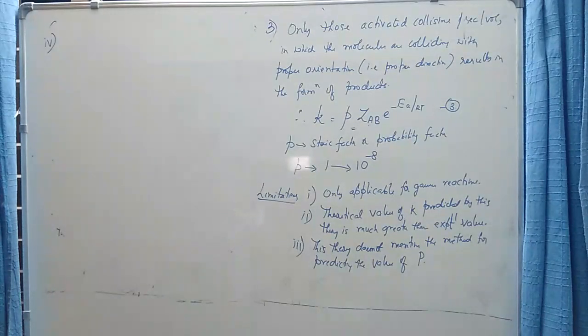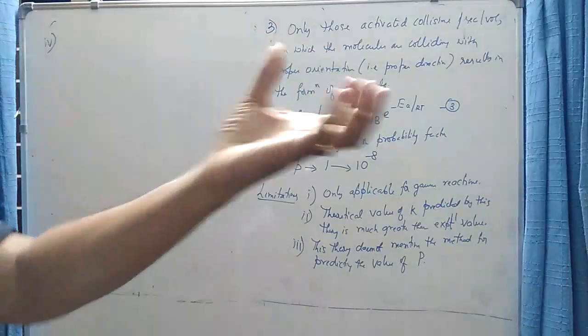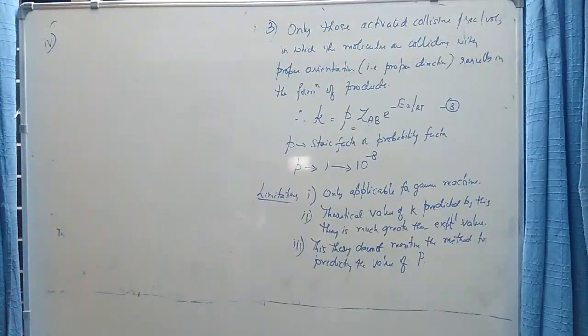For example, a molecule may be undergoing a translational motion. It means it has translational or kinetic energy. A molecule may be rotating, so it may have rotational energy. The bonds present in the molecule may be vibrating, so the molecule has vibrational energy. Similarly, the electrons are revolving around the nucleus of the atoms inside the molecule, so it has electronic energy.